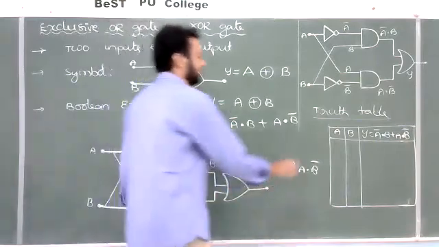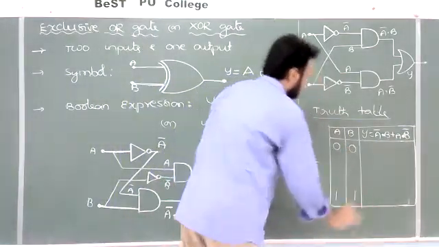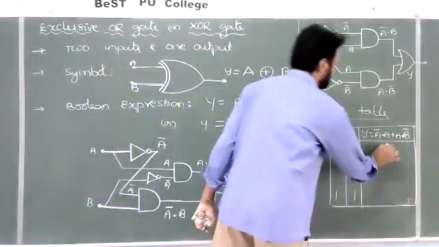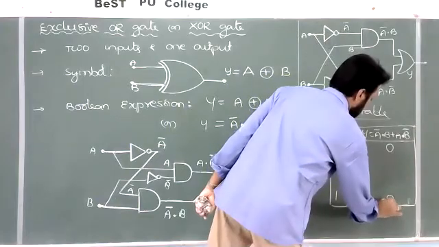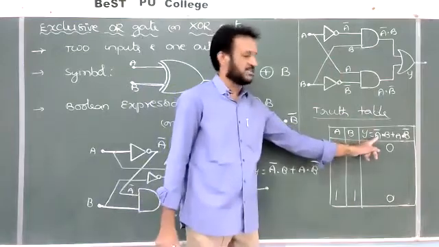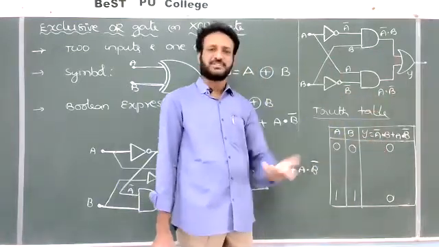So the possible values are 0, 0, 1, 1, which I write last. Whenever both the inputs are the same, the output is always low, so you should take 0 here, it is also 0. How we got this value: here I have already given the formula, A complement into B plus A into B complement. We can check also.